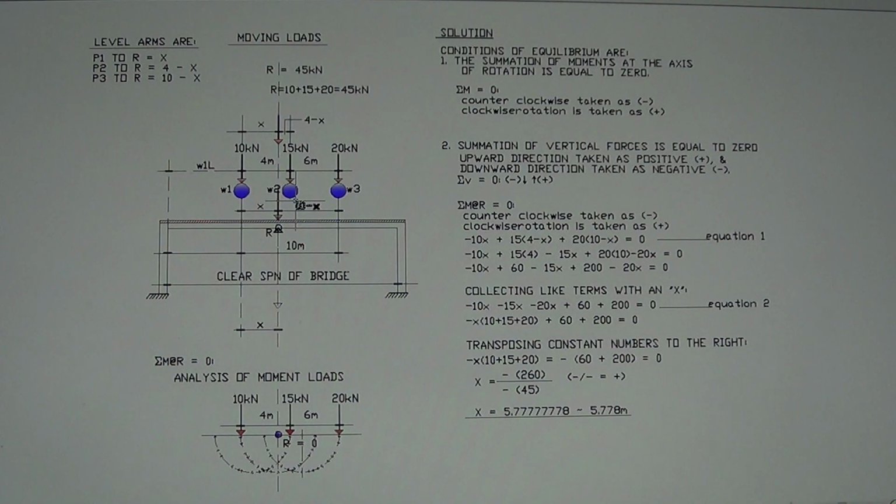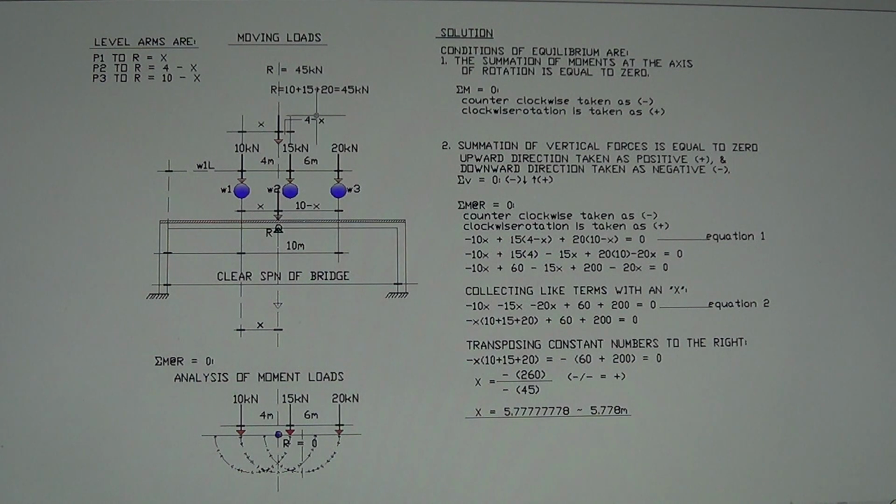The distance from wheel 1 to wheel 2 is 4, so cutting that with the line of action of R, the remaining distance from wheel 2, which is 15 kilonewton, is 4 minus X.